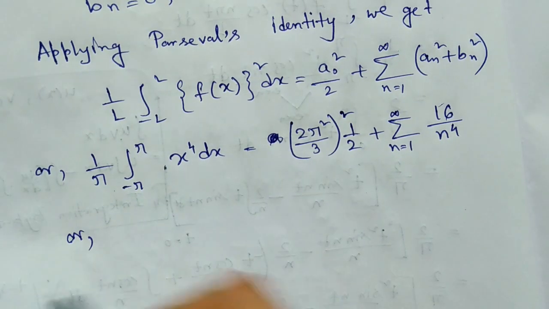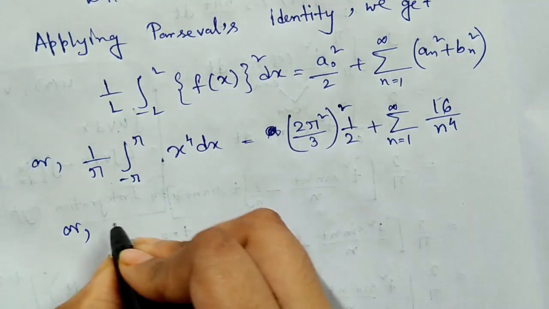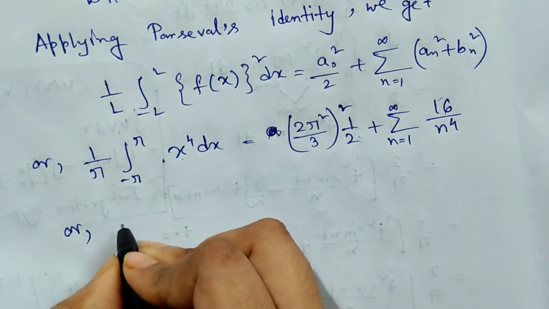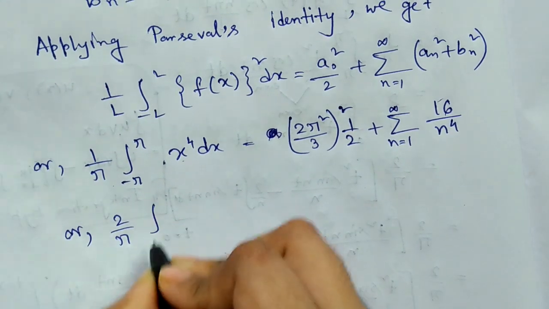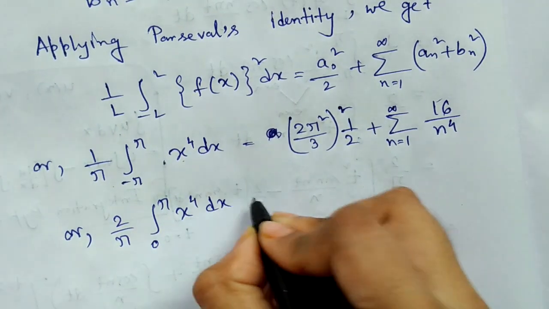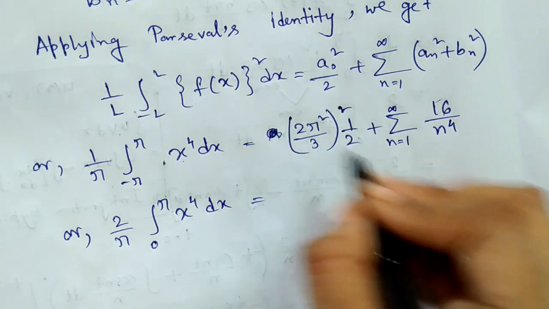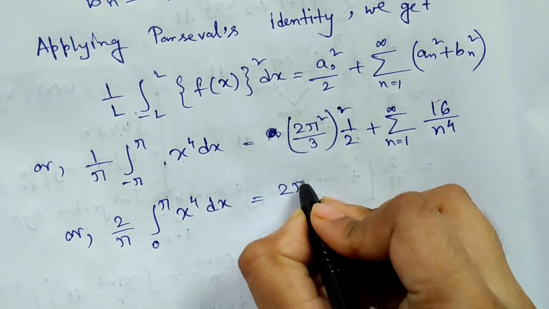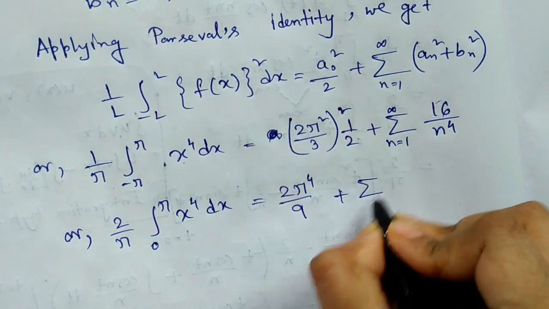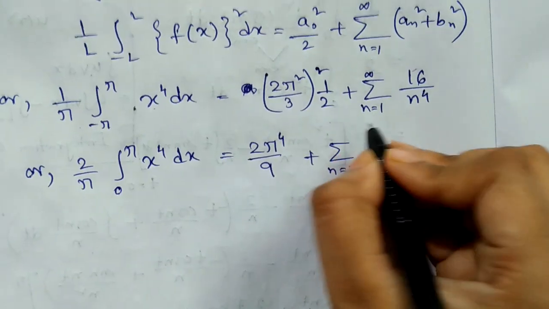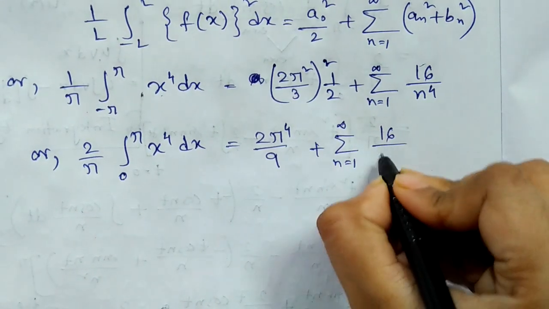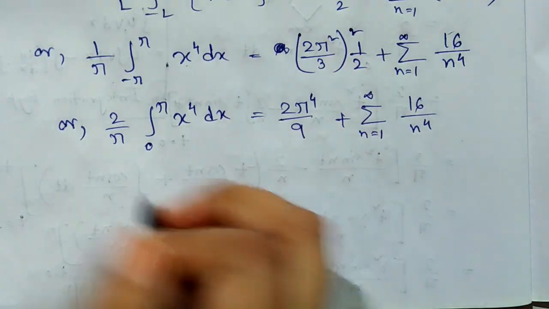Now this gives that, okay, x to the power 4 is an even function, so 2 by pi integration 0 to pi x to the power 4 dx equal to, this is 2 pi to the power 4 by 9 plus summation n equal to 1 to infinity 16 by n to the power 4.